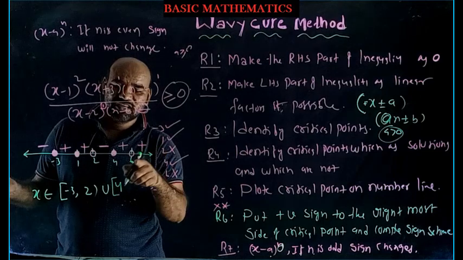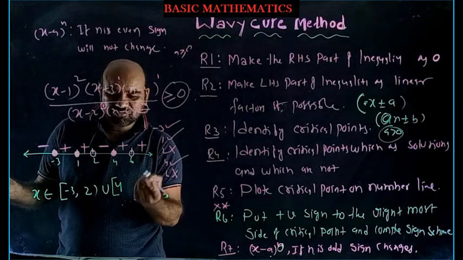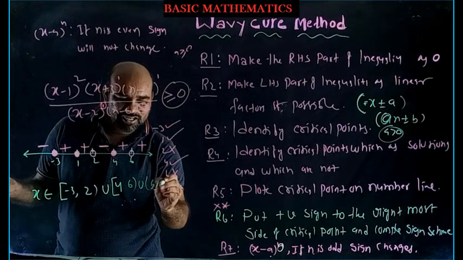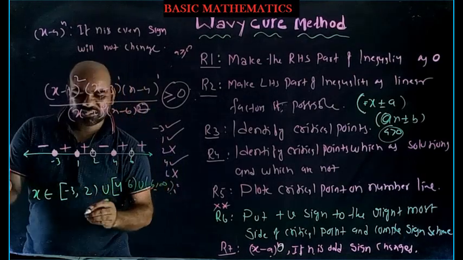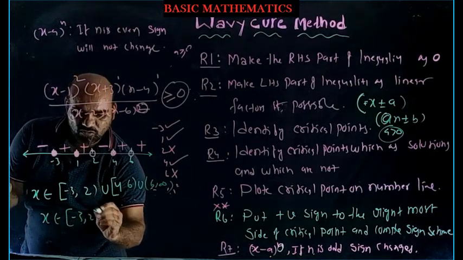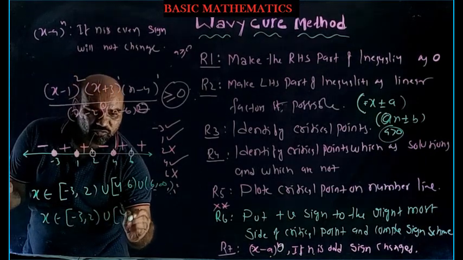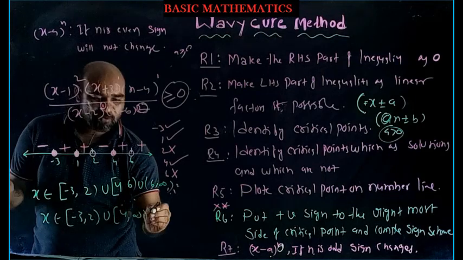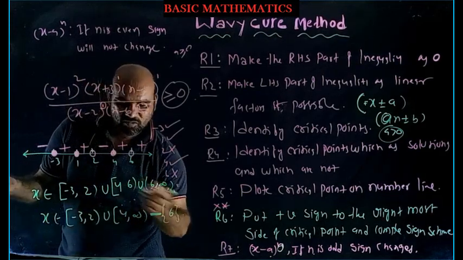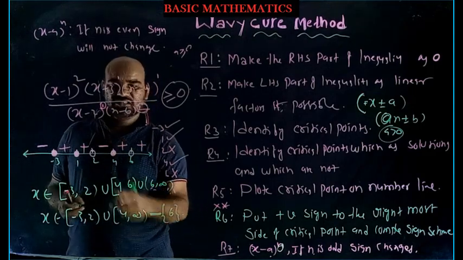Sometimes you can write 4 to 6 open union open 6 to infinity. Or sometimes you can write it like this: x belongs to closed minus 3 to 2 open, union closed 4 to infinity open, minus the 6, from this only we need to remove 6. Both are correct. So this is the solution of the problem.